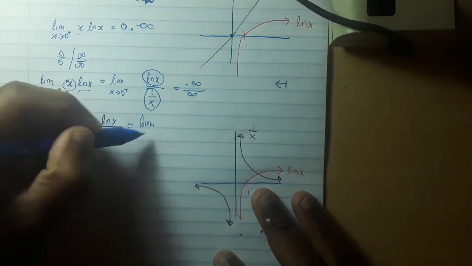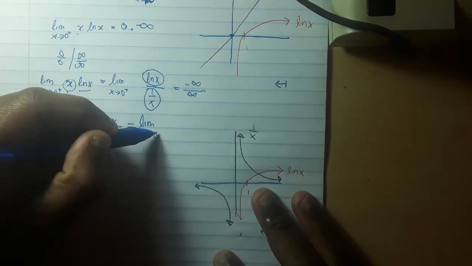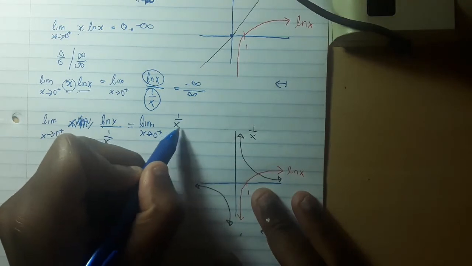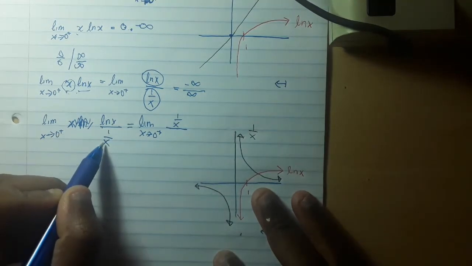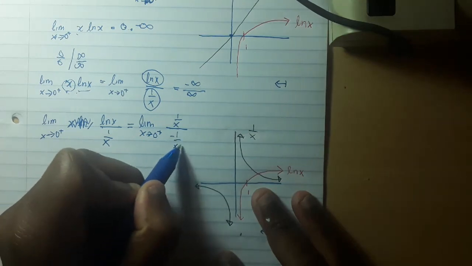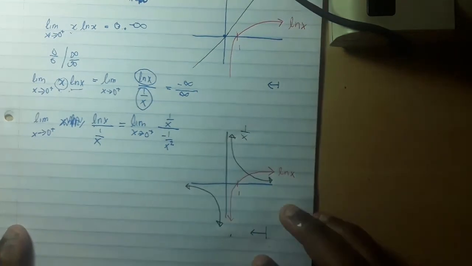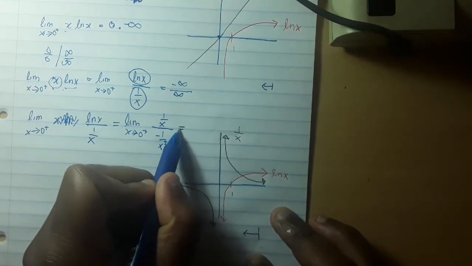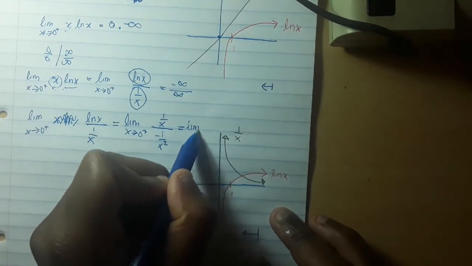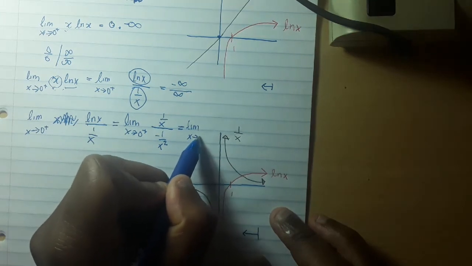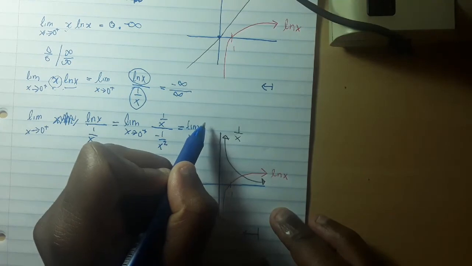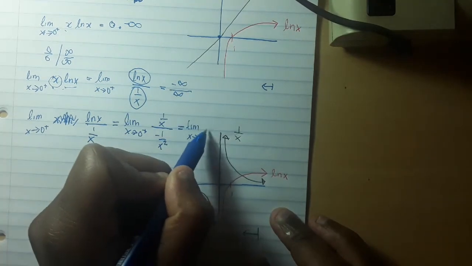So the limit as x approaches 0 from the right: the derivative of ln x is 1 over x, and the derivative of 1 over x is minus 1 over x squared. If we try to simplify this, we'll get the limit of minus x.